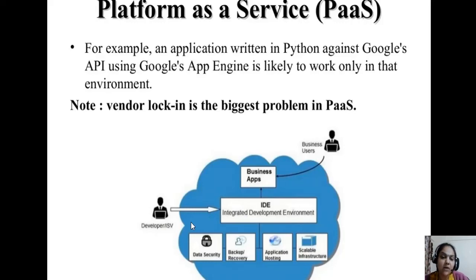Then along with that we have the IDE, the integrated development environment, the same as your Java. Java also has an IDE. Because of this IDE, we try to make applications which are platform independent, not platform dependent, right?